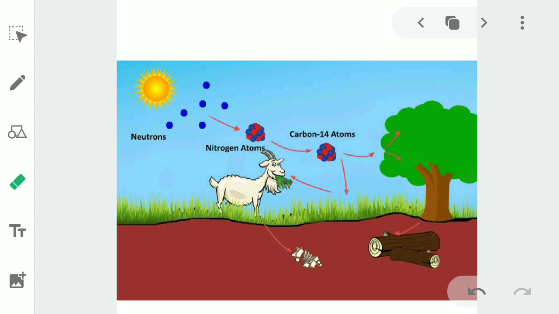So in the ocean, fish and aquatic organisms were produced, and slowly amphibians and reptiles came on the earth. And then there was the Mesozoic era.